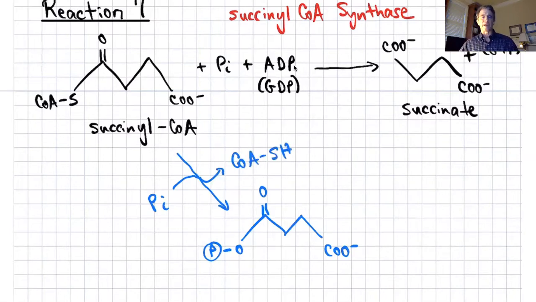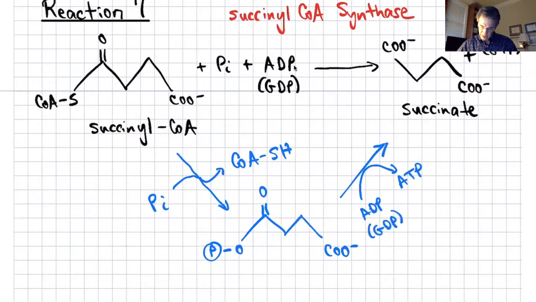To now make that succinyl phosphate compound, which can then be used in a direct substrate level phosphorylation event to take ADP and make ATP, or, as I said, in some isoforms of the enzyme, take GDP to make GTP.